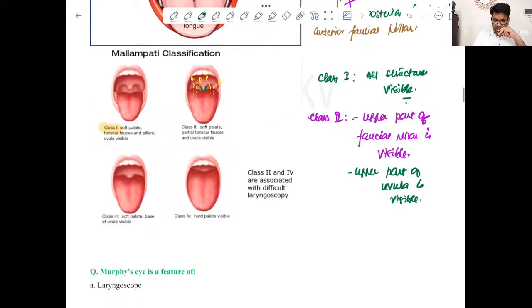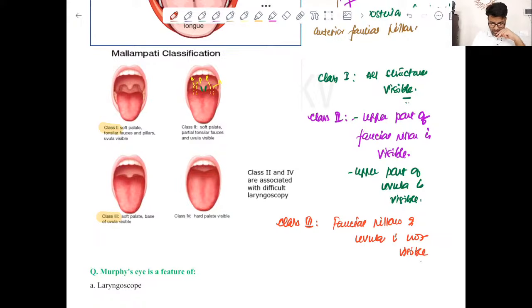Now in class 3 we will not see any portion of fascial pillars and uvula. So in class 3, fascial pillars and uvula are not visible.